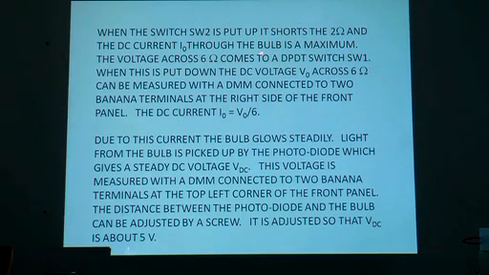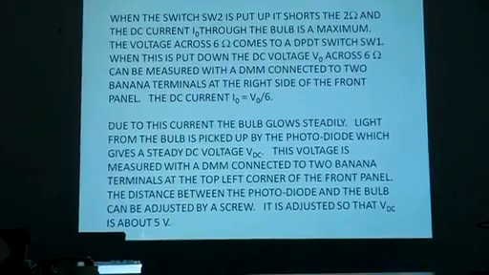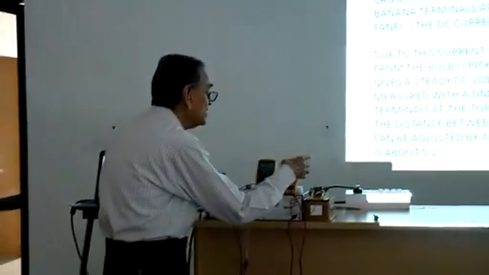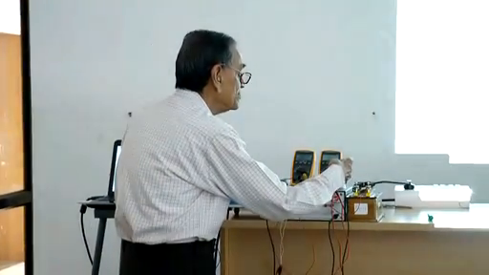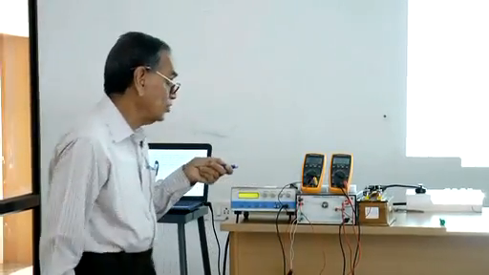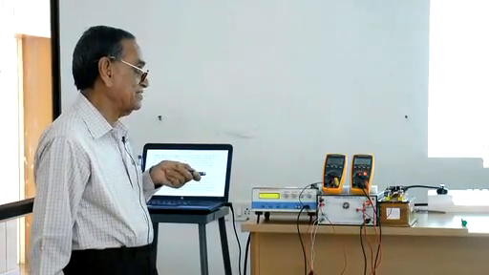The voltage across 6 ohms comes to the DP/DT switch here, and when I press it down, the voltage across 6 ohms, DC voltage, comes to these 2 terminals, and that is measured across this multimeter, to 3 decimal places.